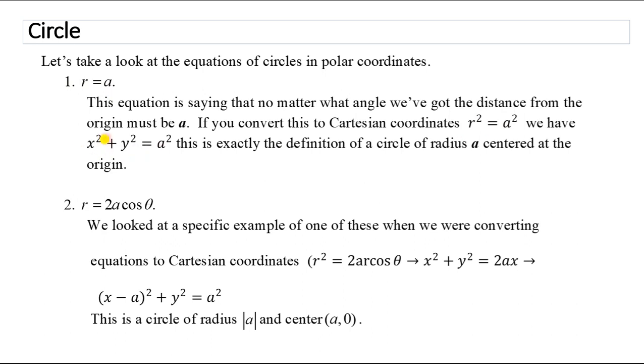This is the equation of a circle with center 0, 0 and radius the absolute value of a, because a may be positive or negative in polar.